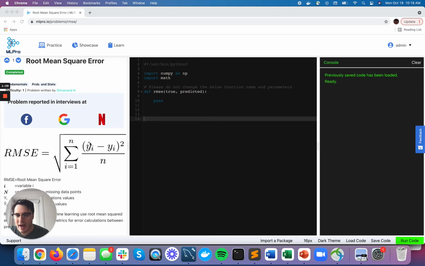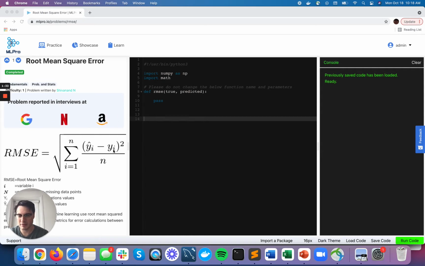So y hat sub i is the ith predicted value of the classifier, and y sub i without the hat is the true value of that data point. What we have in this equation is we take the difference between the predicted value and the true value, and we square it.